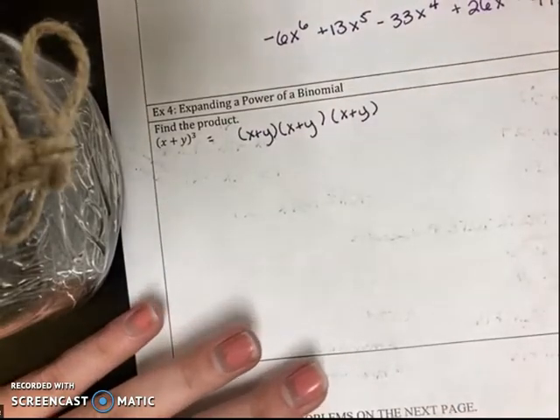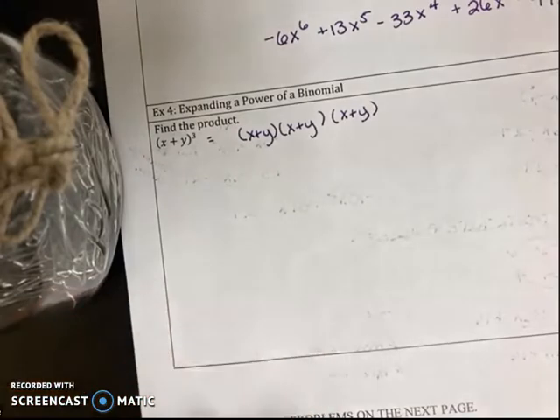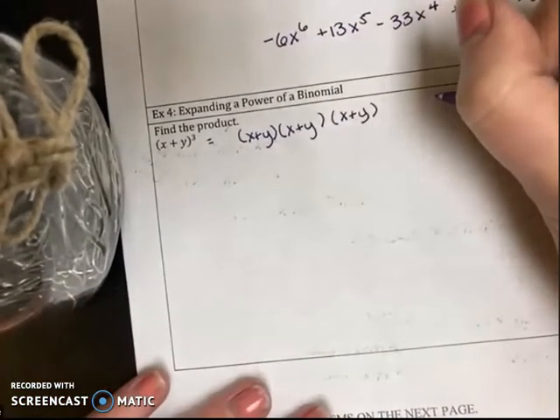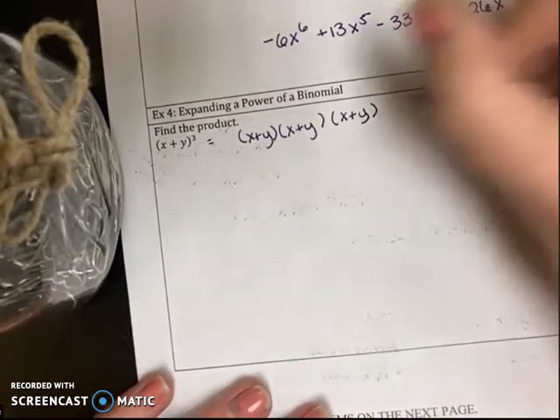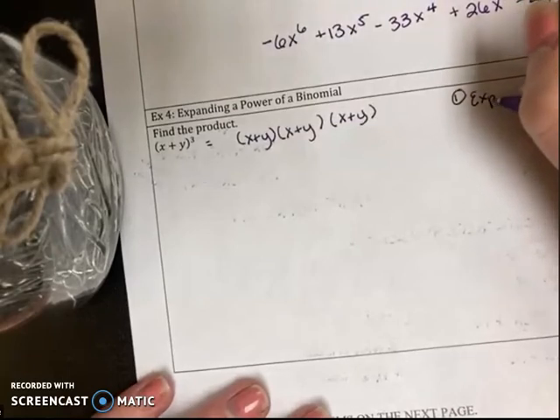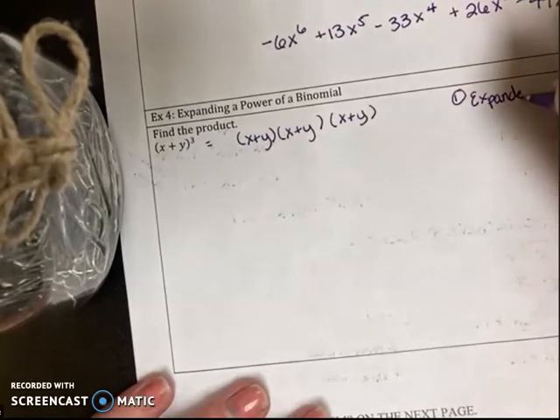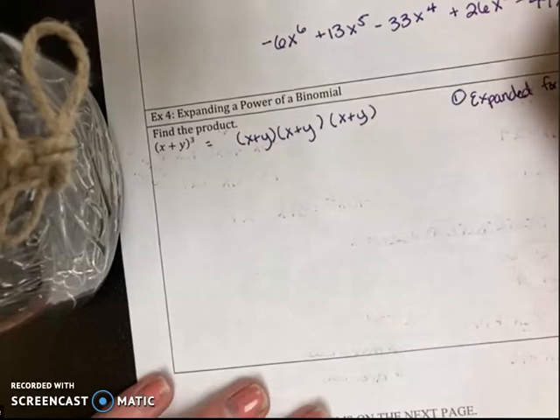Now, what we want to do here is just take it one step at a time. So the first thing we did, I'm just going to write steps out to help you later on the homework. Step 1 is what we just did, expand form.